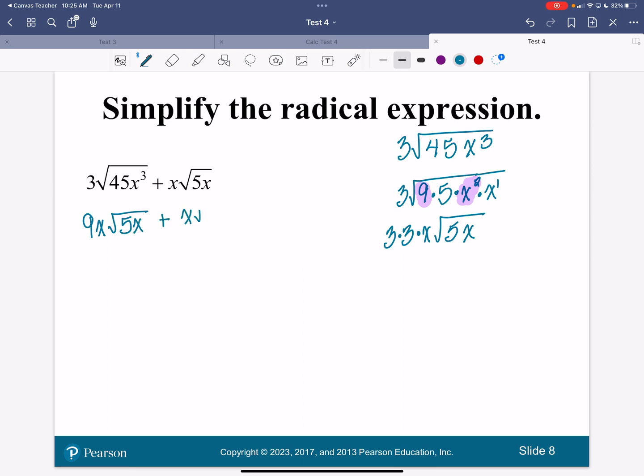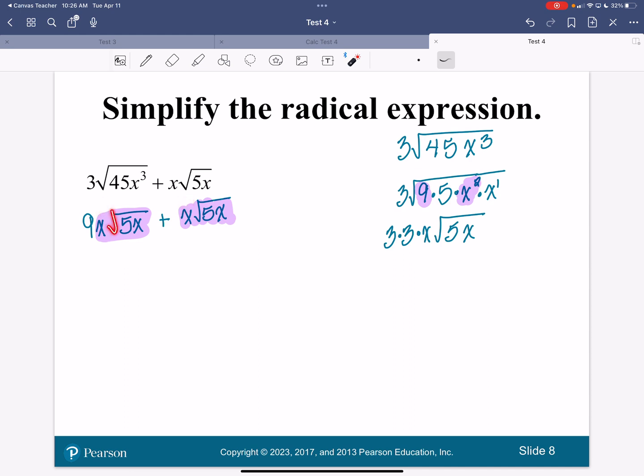Okay. Now, let's look at this one closely. All of this has to be exactly the same. The variable here has to be exactly the same.